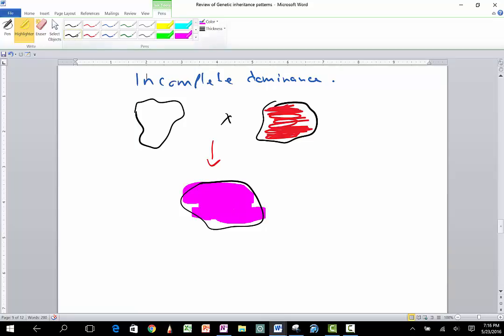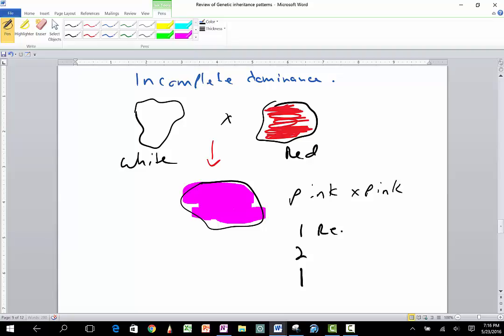Alright, so what does that mean? So we're taking white times red, we get pink. Cross two of these guys together, and we get 1 to 2 to 1, red, pink, white.